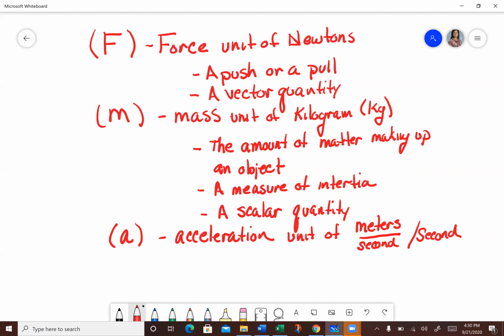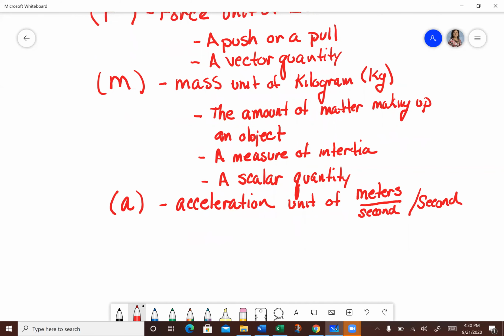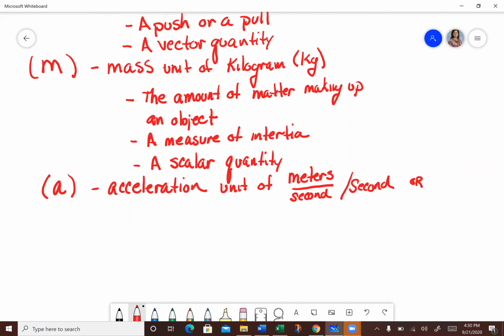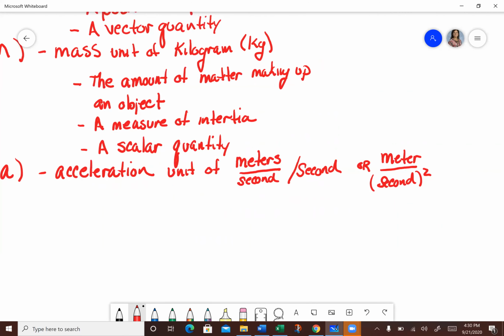So an acceleration is a meter per second squared. Often abbreviated m/s squared. Like that.